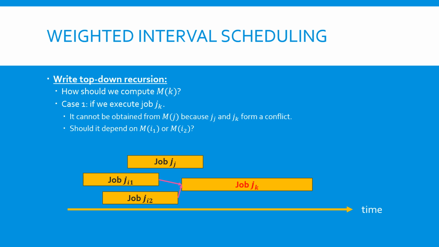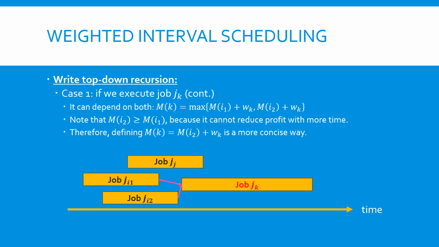Therefore, Mk should only depend on Mi1 or Mi2. Since the job Jk has no conflict with either Ji1 or Ji2, it can depend on both subproblems. Thus, Mk should be the larger of Mi1 plus Wk and Mi2 plus Wk.